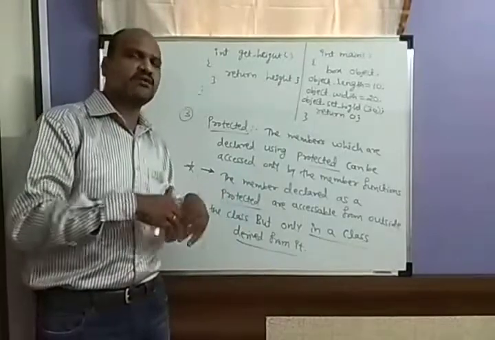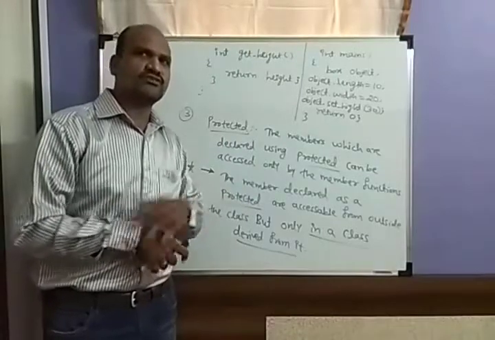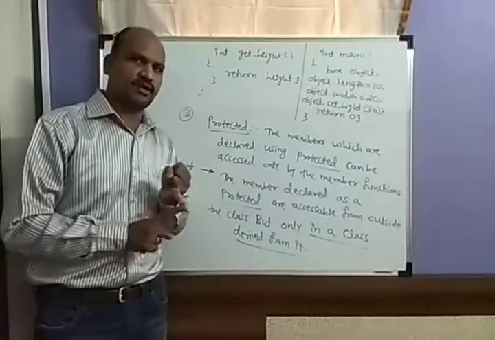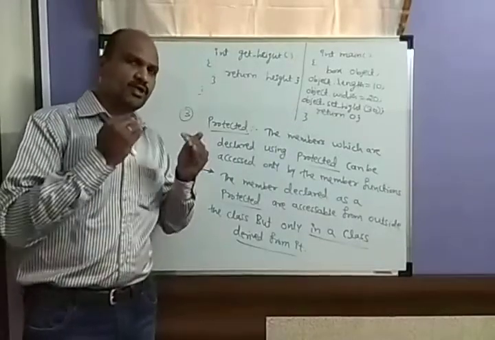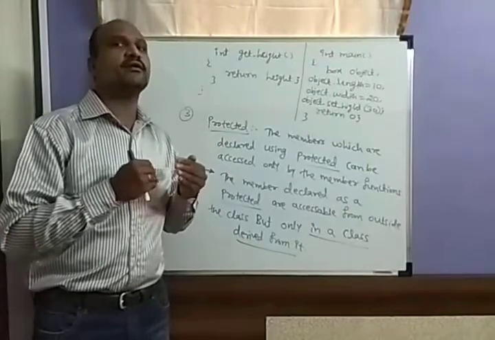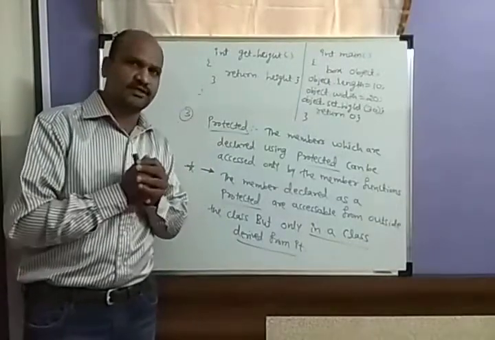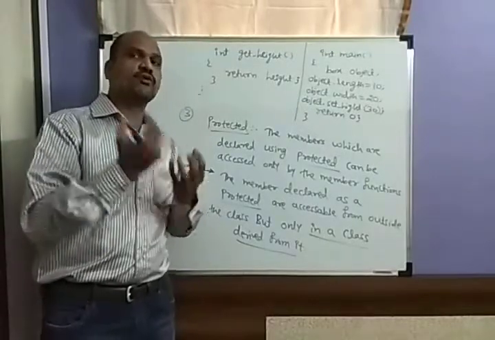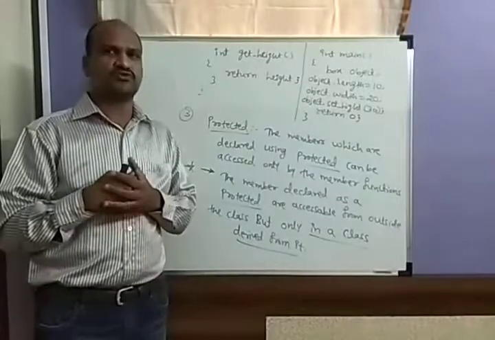So these are the three access specifiers we discussed: private, public and protected. Most of the time we use private and public. Private is used to define data members, and public we use for data members and also functions which can be declared within the class and outside the class.